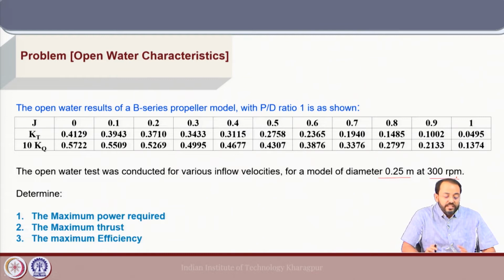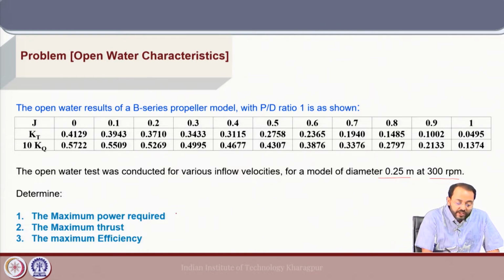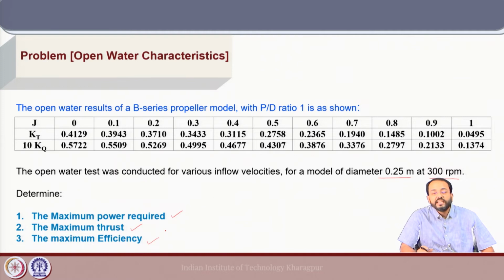So, we have to calculate from the given data the maximum power required, the maximum thrust and the maximum efficiency. In the open water diagram, where is the location where we have the maximum thrust and torque?